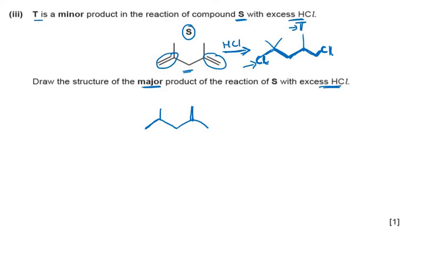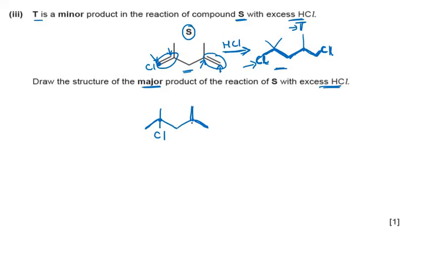Now if this is the minor product, that shows that this carbon reacts with the chlorine to form the minor product. When an alkene reacts, we need to understand that any atom which is added to a double bond can be added to either of the carbons carrying the double bond. So any atom can be added either here or on the other carbon. If this is the minor product, that shows that chlorine should be added to the other carbon. So on that other carbon here, chlorine is added.